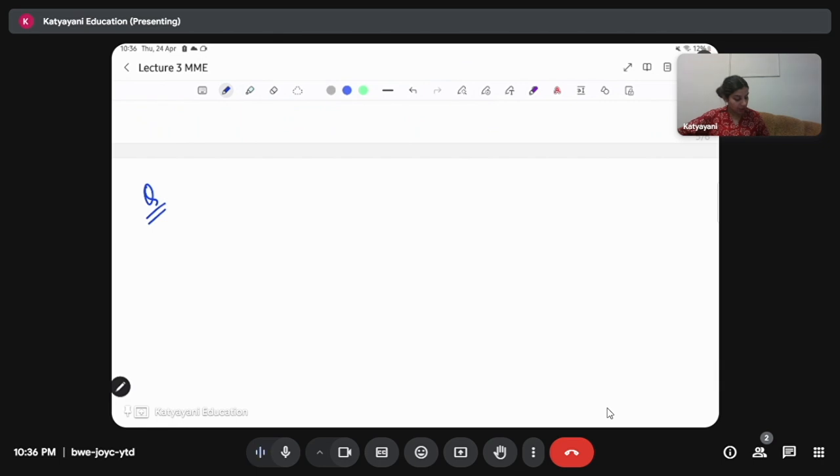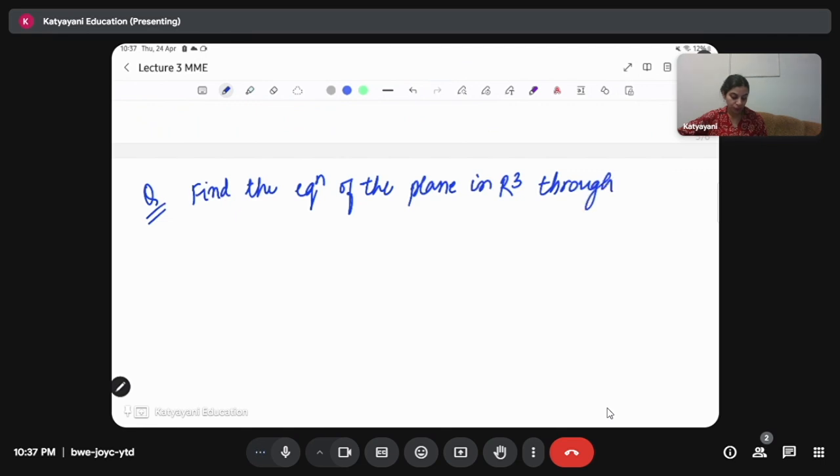Let me do a question with you, or an example, which says find the equation of the plane in R3 through A, which is given to you as 2, 1 and minus 1, and with P as the perpendicular or the normal, which is minus 1, 1 and 3, right?